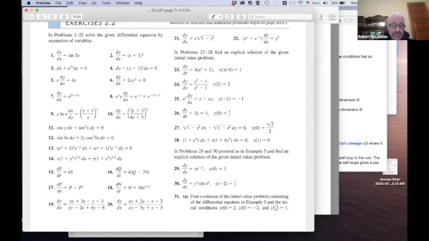And you notice, look at one like this, 19. It doesn't obviously look separable, does it? It looks like a complete nightmare there. But luckily, they are telling you that this problem is in fact separable.